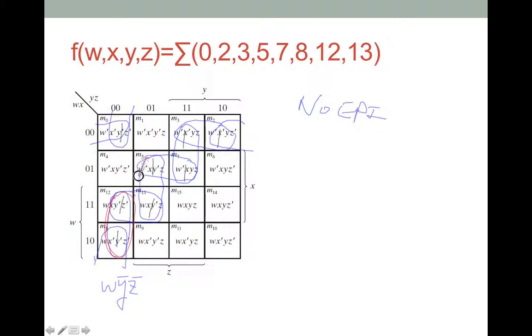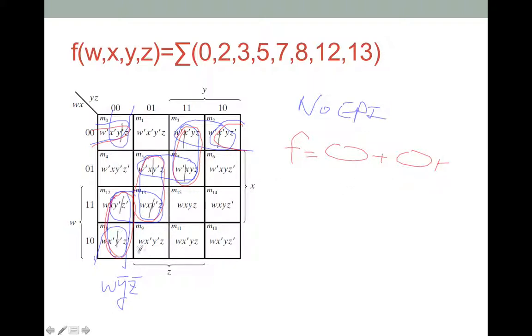So I will choose this one, and then I will choose this one, and then I will choose this one. Then I have covered all minterms. So by ORing all those red ones, it's one solution.